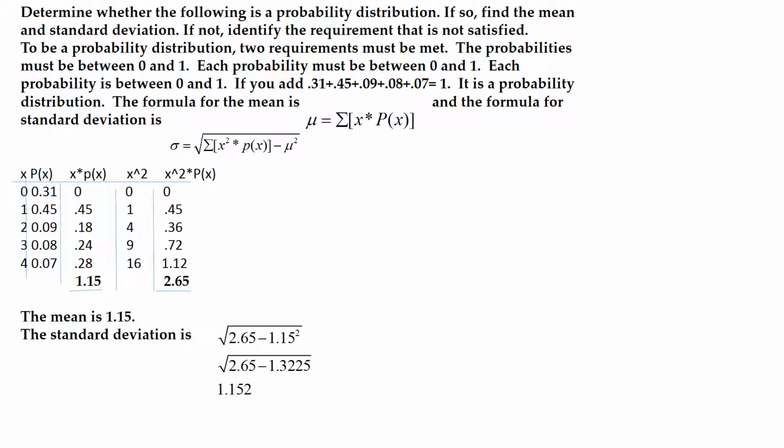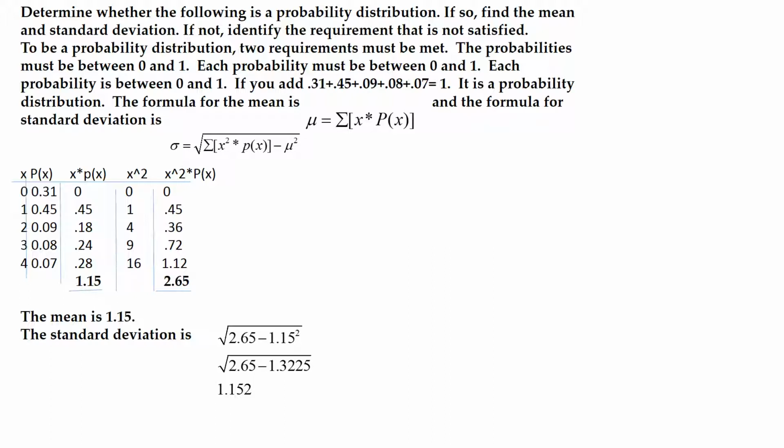To find the mean, use the formula mu equals the sum of the product x times p of x. To find the standard deviation, use the formula the square root of the sum of the product of x squared times p of x minus the mean squared.